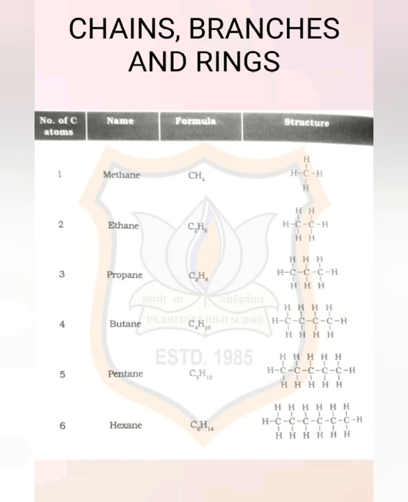Here 2 carbon atoms are there with 6 hydrogen atoms, because the first work is to combine the carbon-carbon bond, and then the remaining valencies of carbon are occupied by the hydrogen atoms. The first carbon combined with 3 hydrogen atoms, and the second carbon again combined with 3 hydrogen atoms, and that's why the formula is C2H6.